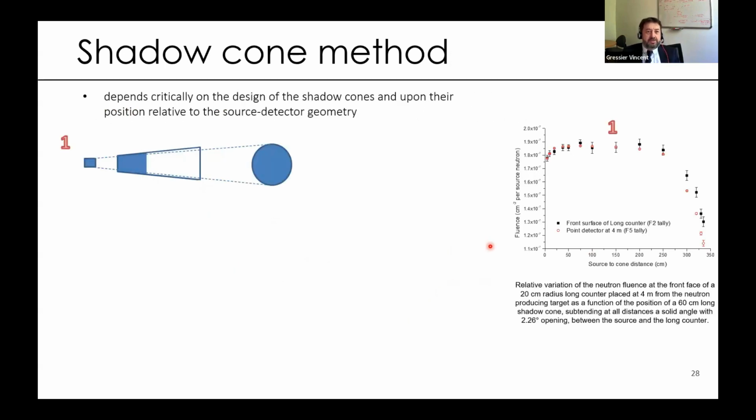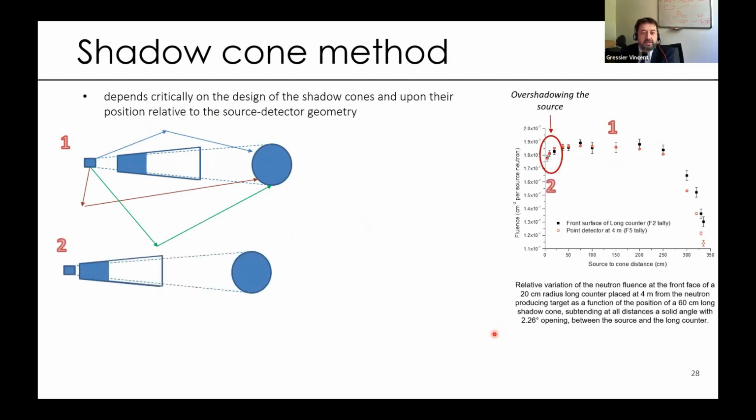So the shadow cone method also depends critically on the design of the shadow cones and its position. If you put it correctly, then you will measure a number of scattered neutrons here, which correspond to different kinds of scattered neutrons in every direction.